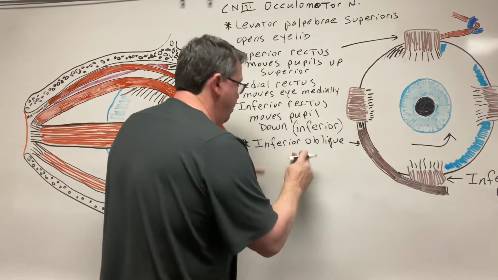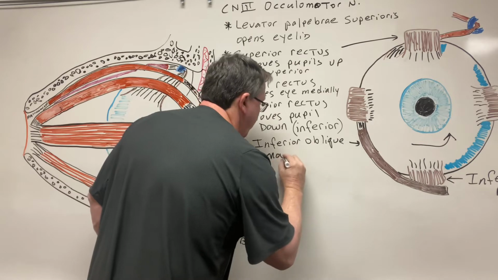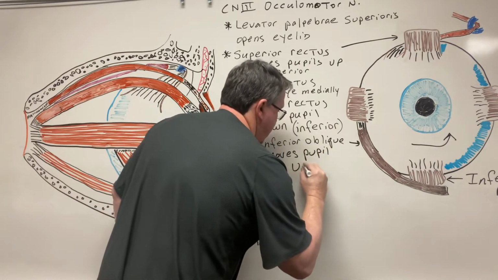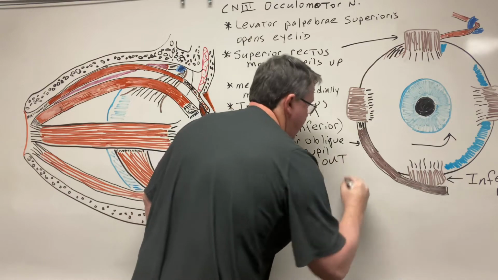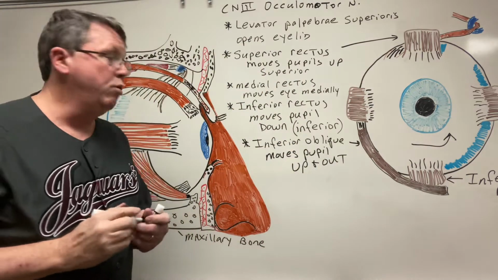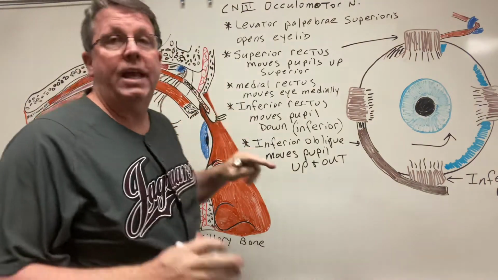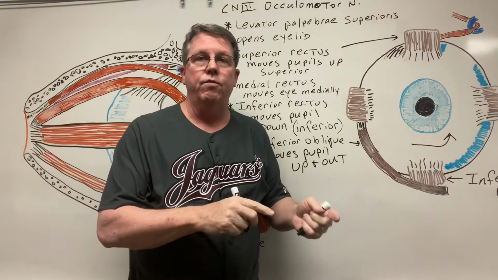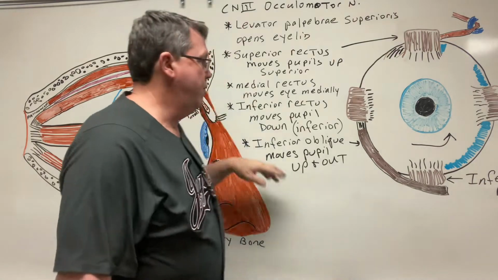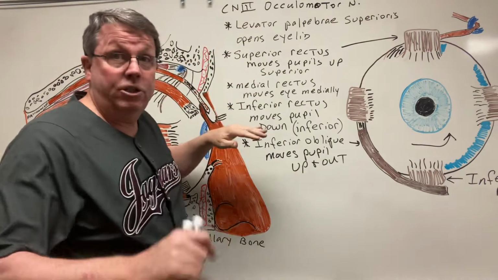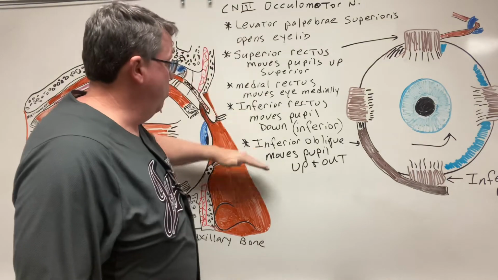So the inferior oblique moves the pupil up and out, okay? Those are the muscles that we have that are innervated by cranial nerve number 3. I'm not going to go into the other muscles that control the pupil size, because those are not extraocular muscles. So anyways, we have those, okay?